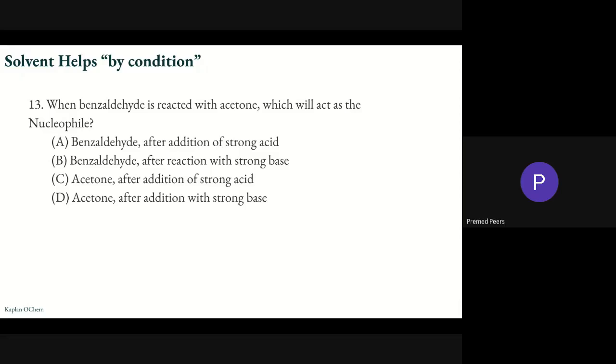Or you can make the nucleophile slightly more negative, so that it's drawn more towards attacking the electrophile. So I am checking if everyone is still following with me.